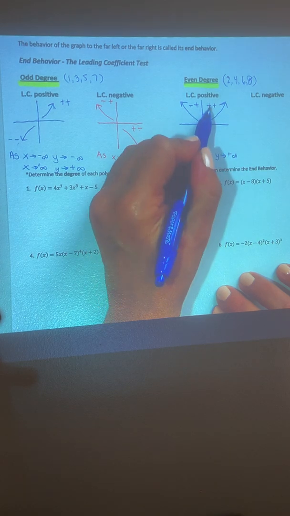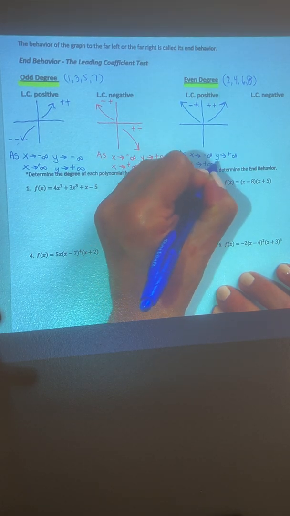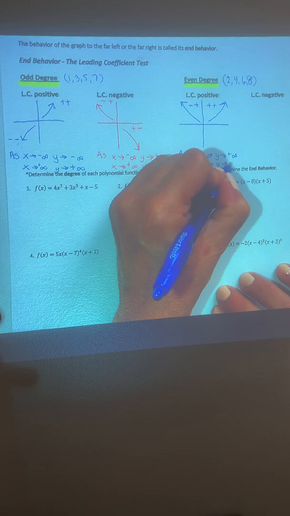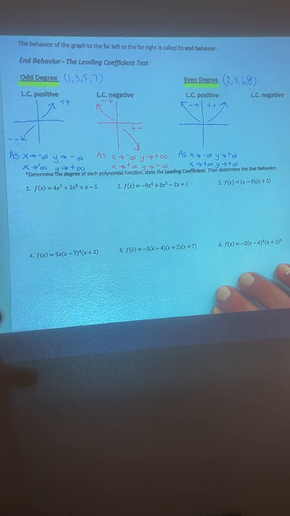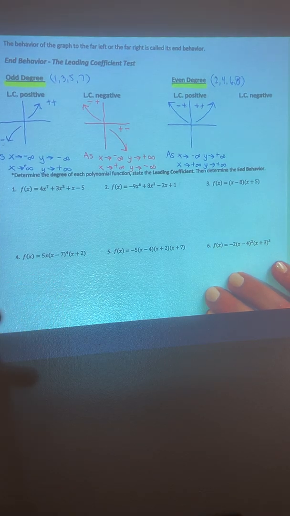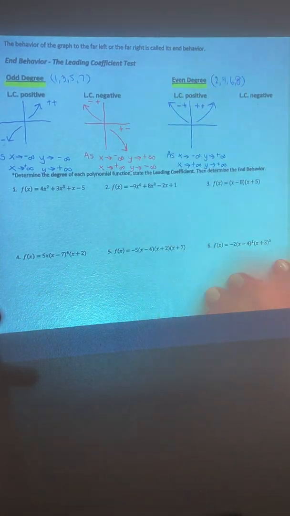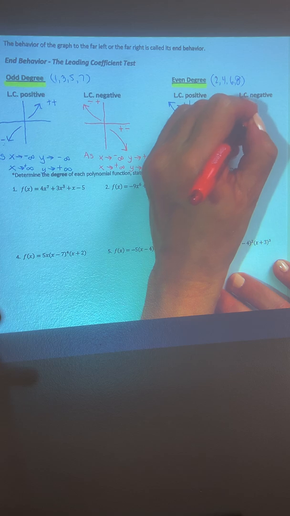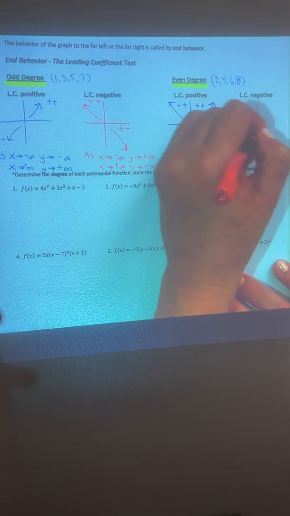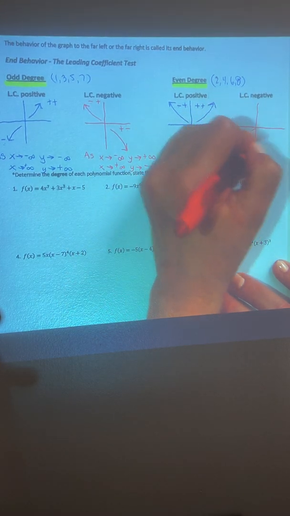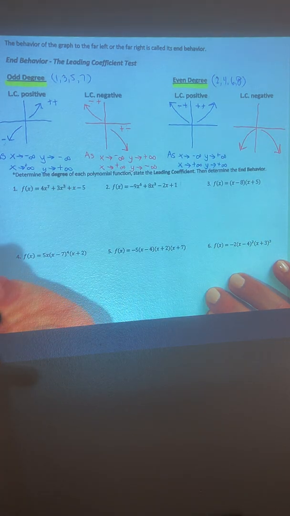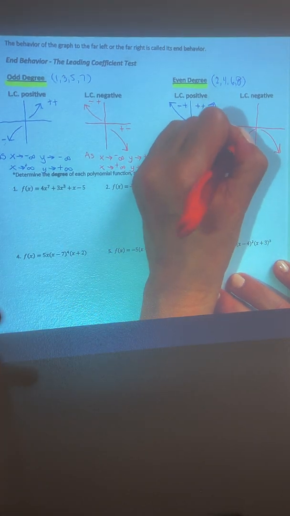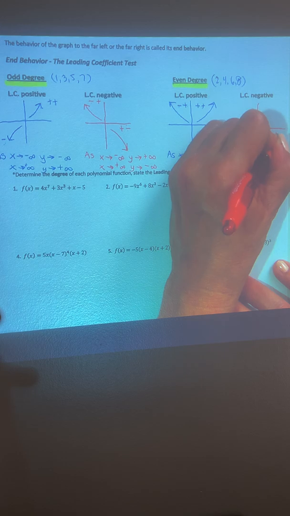As x approaches, what's that? Positive infinity. y approaches, what's that? Positive infinity. Okay, and then odd negative, last one. I'm sorry, not odd, even negative, excuse me. Goes down like that. Okay, even negative, that's negative, negative, and this is positive, negative.